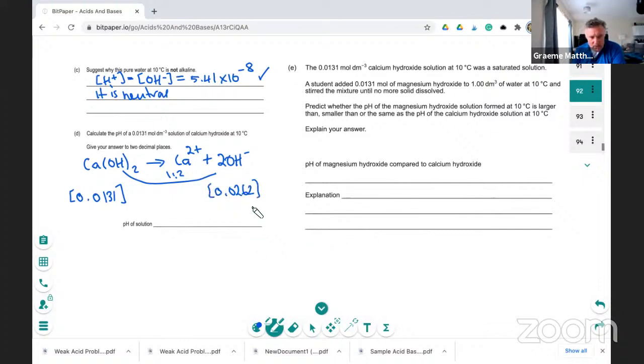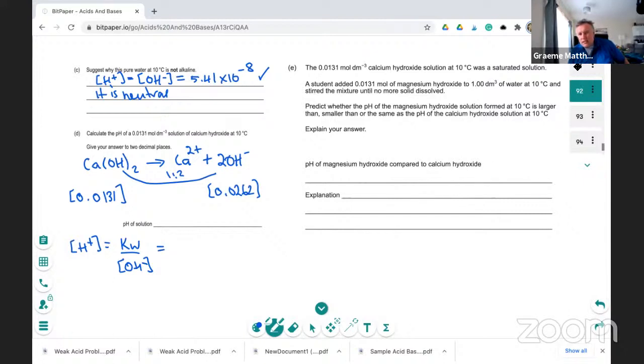Therefore, the concentration of my hydrogen ions is going to be Kw over the hydroxide ion concentration. Chemists have been really sneaky on this question, because they're hoping you'll write down Kw is 1 times 10 to the minus 14.